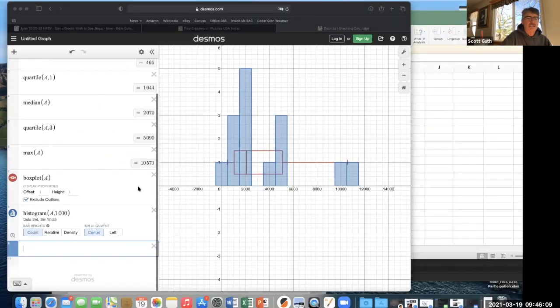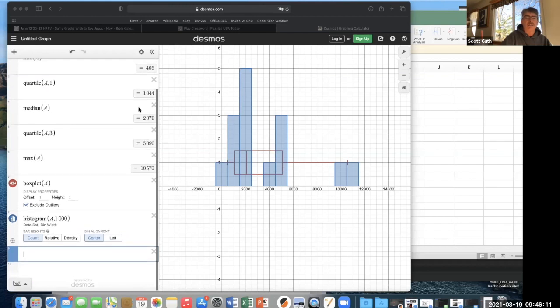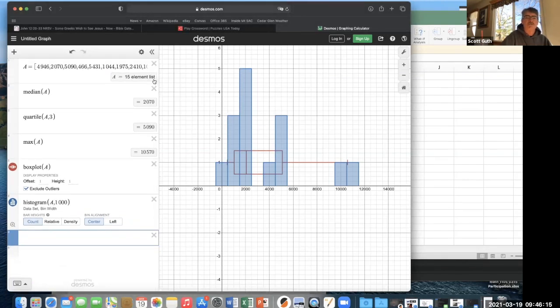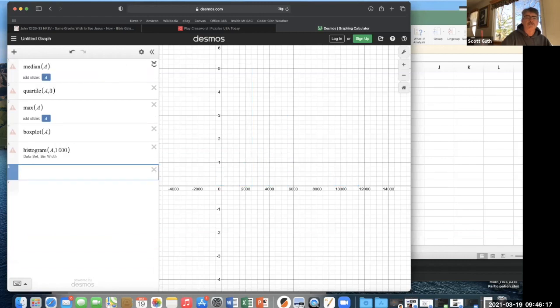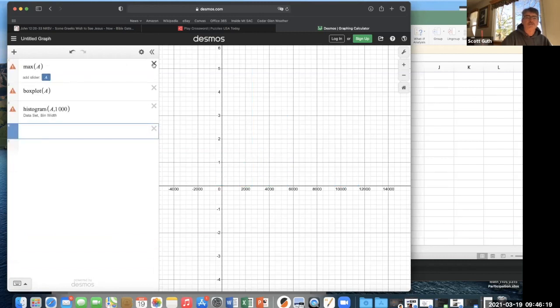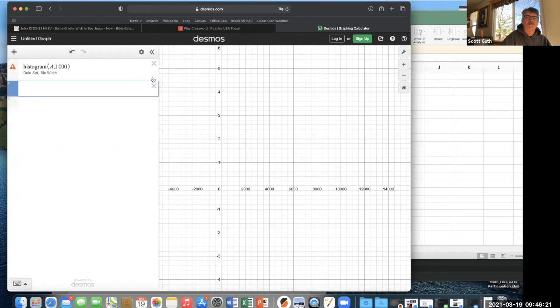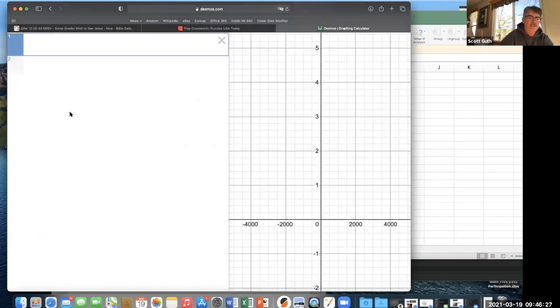Okay, so you're looking at Desmos again here. I don't want any of this stuff, I don't think. So I'm just gonna get rid of all this garbage. Okay, so just so you can see it, there's a little toolbar.